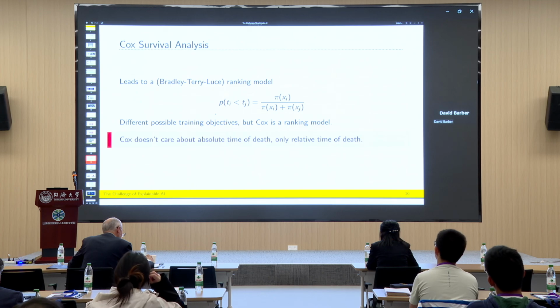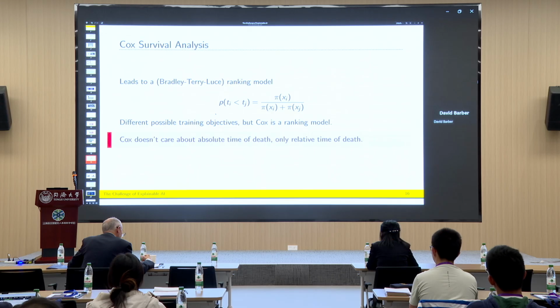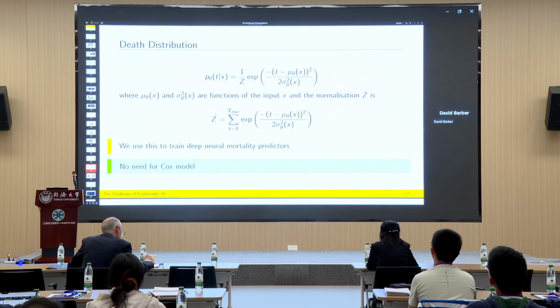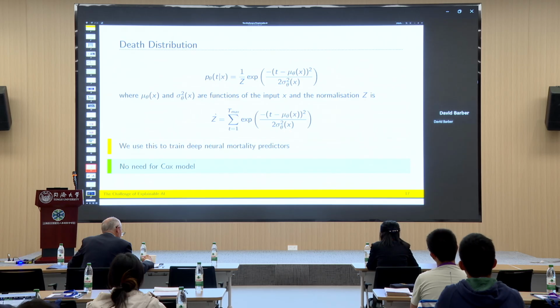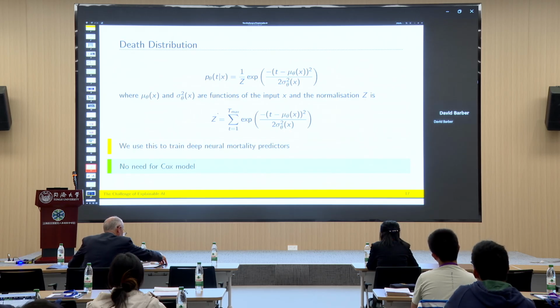This is kind of okay, but it's only a ranking model, and it doesn't really care about the absolute time of death. Cox has no concept of the absolute time of death, only the relative time of death. So what we did is we introduced a method to directly predict the time of death. There are many ways to do this. We use a probability distribution of the time of death directly, which is a discrete Gaussian.